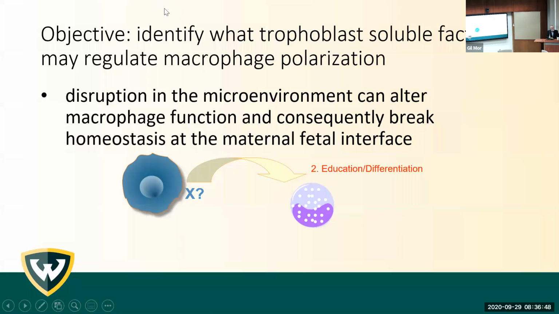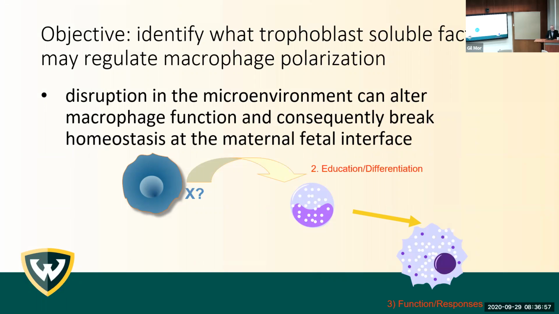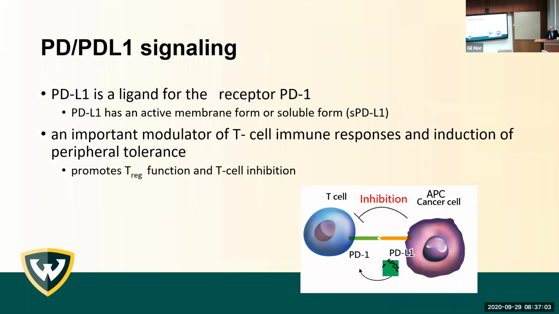Again, we know that the trophoblast is secreting factors that are inducing the differentiation of the monocytes. What are those factors that will lead to the polarization of M2 macrophages? So again, in collaboration with Professor Liao, we were looking at the PD-L1 signal.